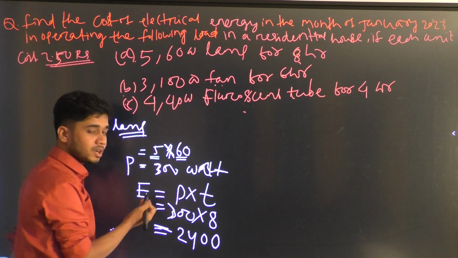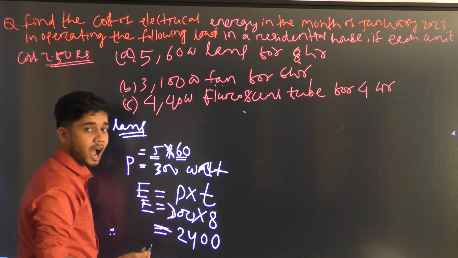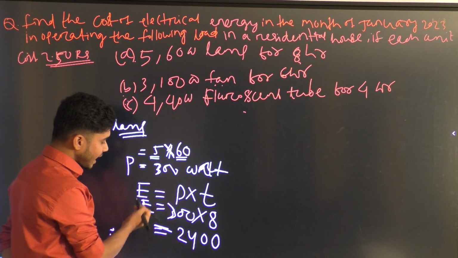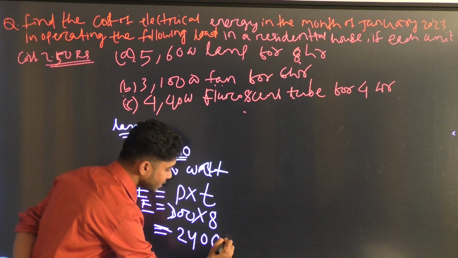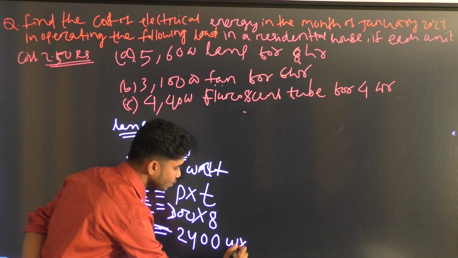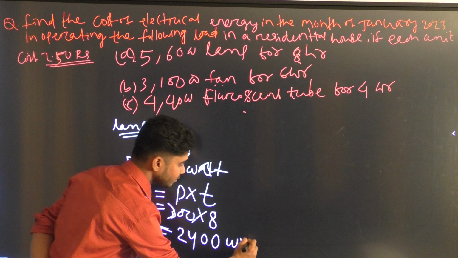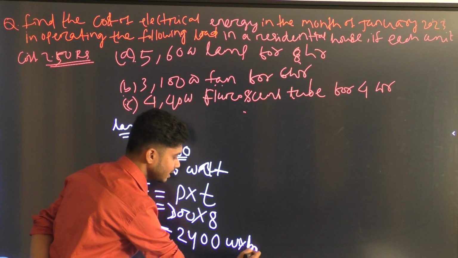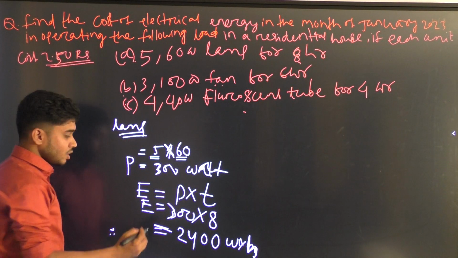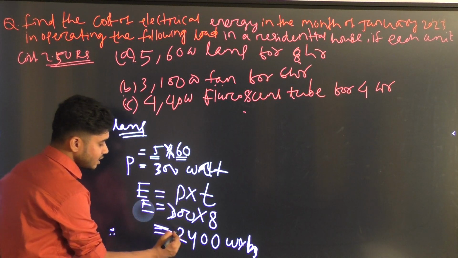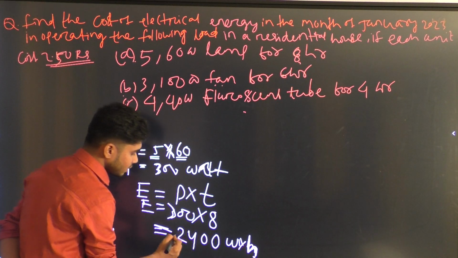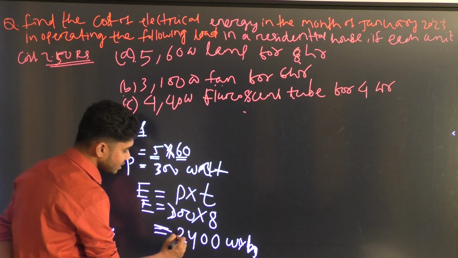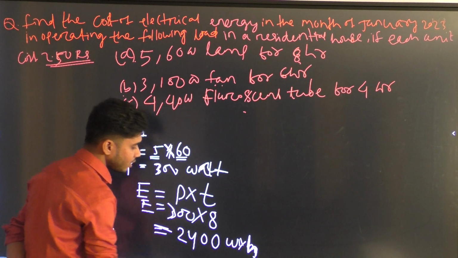The unit of power is watt and the unit of time is hour. So the unit of energy must be watt into hour. So this is how we calculate energy: 2400 watt hour.